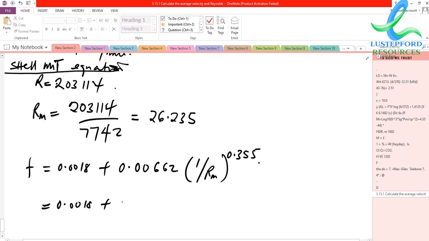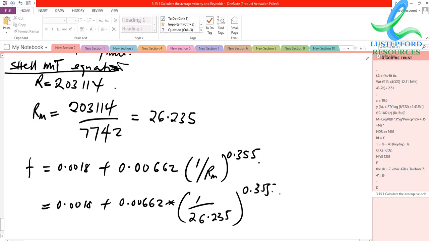Now we say 0.0018 plus 0.00662 times 1 over 26.235 raised to power 0.355. Let me go back to my calculator.